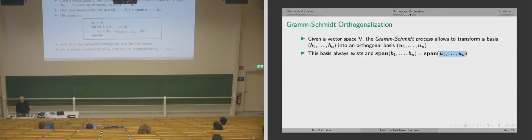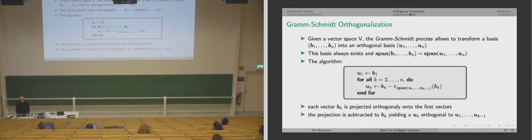The algorithm that does that, the Gram-Schmidt algorithm, orthogonally projects the remaining components of the vector onto the vectors that we have so far considered. Each vector bk is projected orthogonally onto the first vectors, and the projection is subtracted from bk, yielding uk, orthogonal to all the previous basis vectors that we've computed.